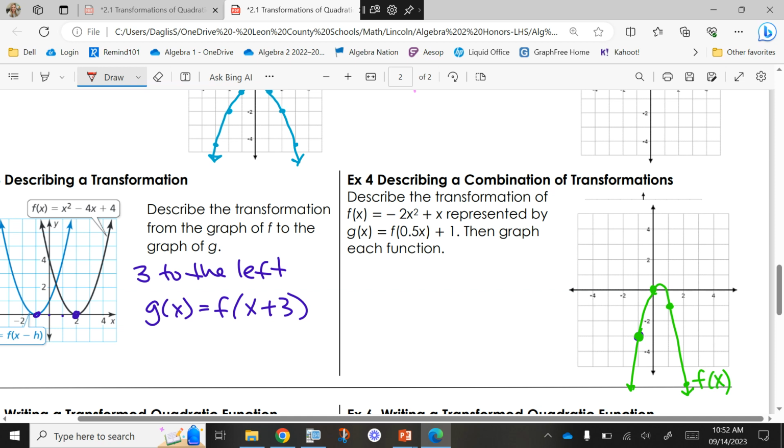Okay. So now I want you to describe the transformation. If I have f of 0.5x and then plus 1, what does the 0.5 tell us? It's being multiplied to my x. So look at the front of your notes. We have an a value inside with my x that is less than 1.